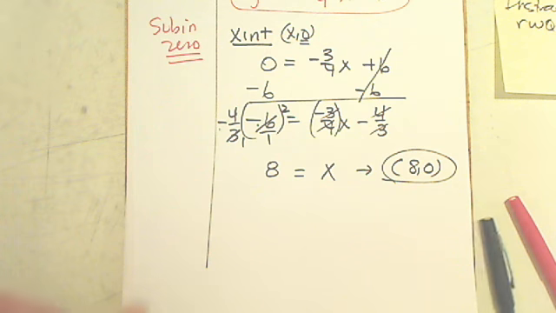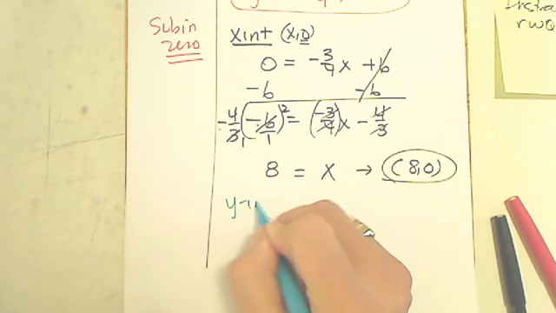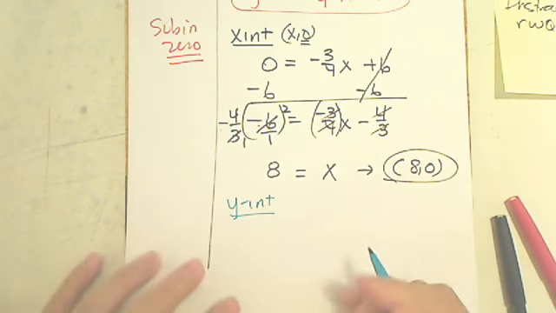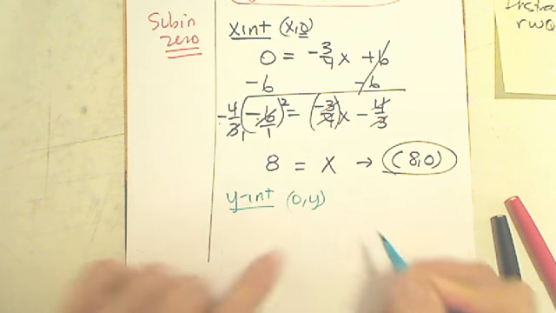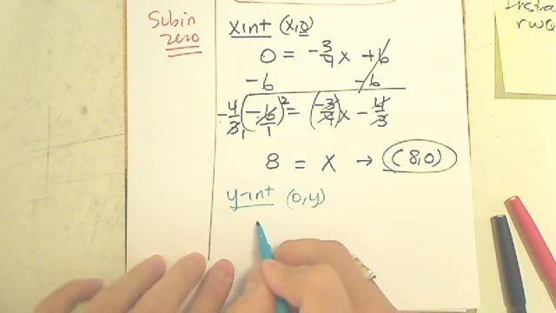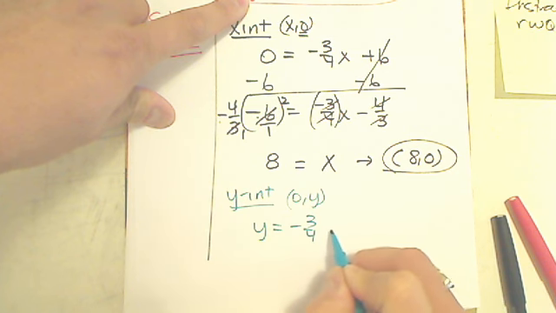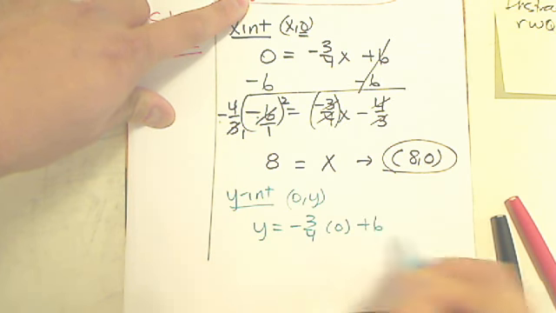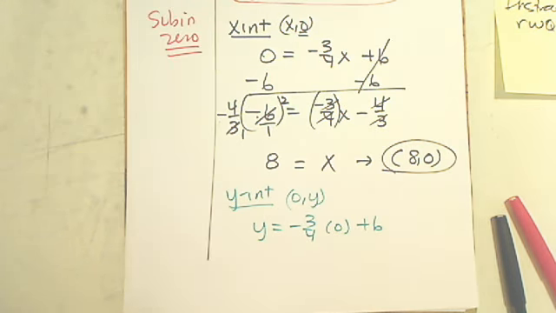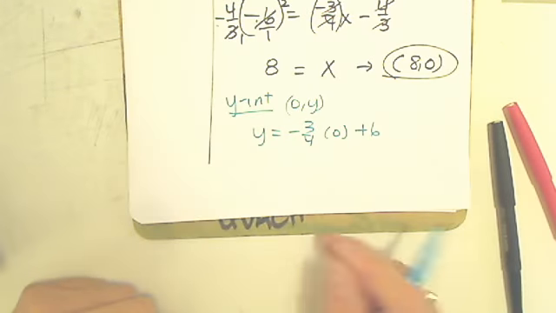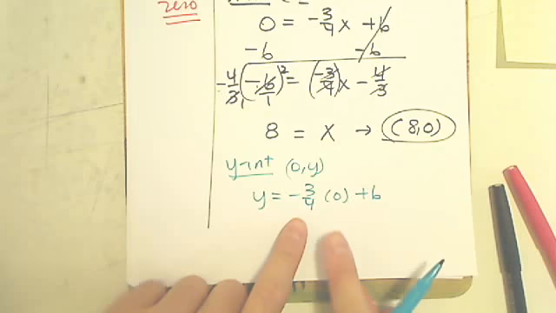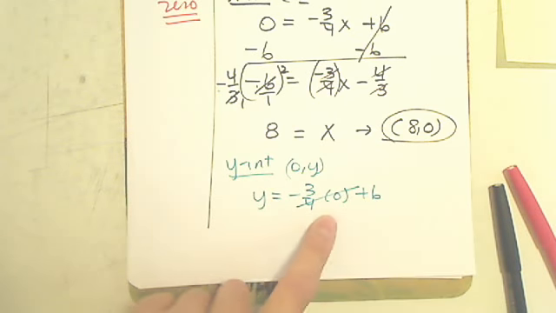How do I find the y-intercept? Substituting what? 0 for x, right? So same equation. Y equals negative 3/4 times 0 plus 6. Only one step is needed. Yeah, that cancels out, right?